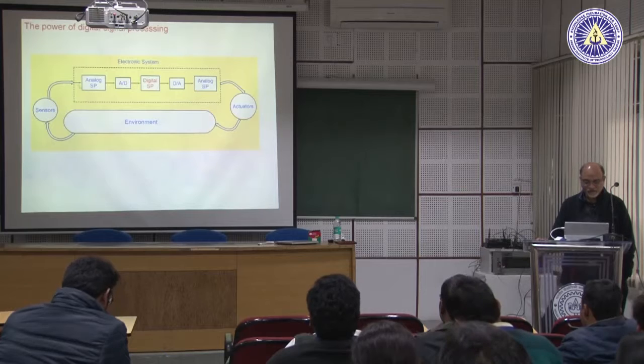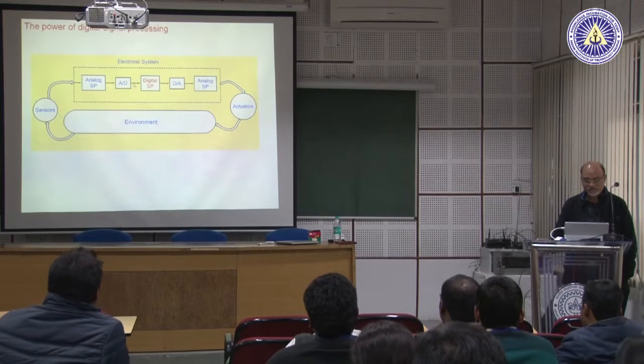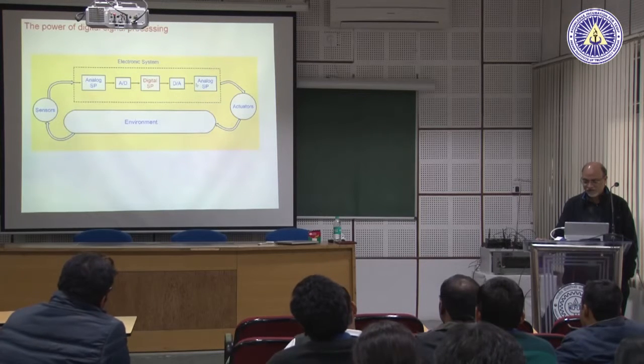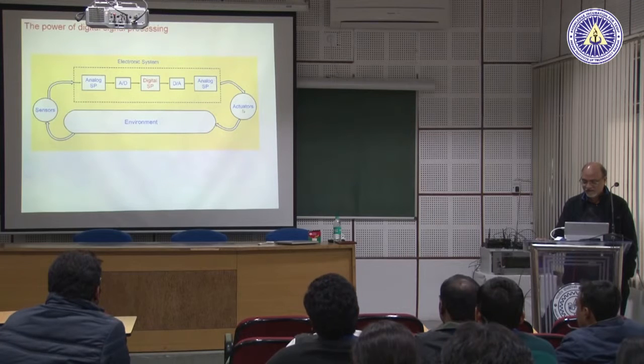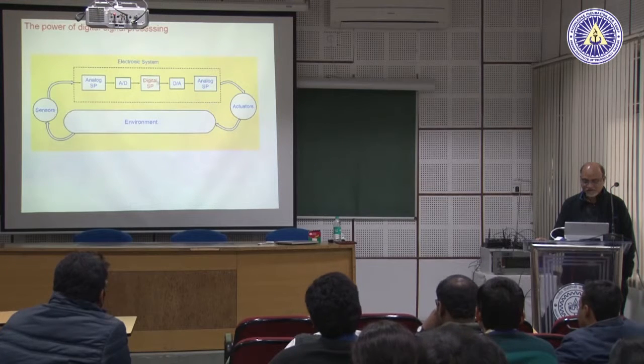So very soon, what we can do is take the analog signal, convert it into a digital signal, and you enter into the domain of digital signal processing. And then, of course, we can take a digital signal back to analog, convert it back with a D to A converter, do some more processing, and then convert it back into whatever signal that I want here. The real power of electronics has come about because of this part here, digital signal processing.